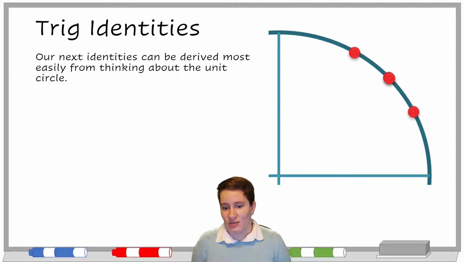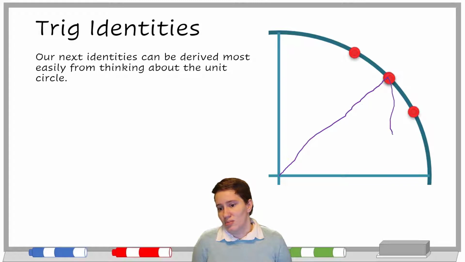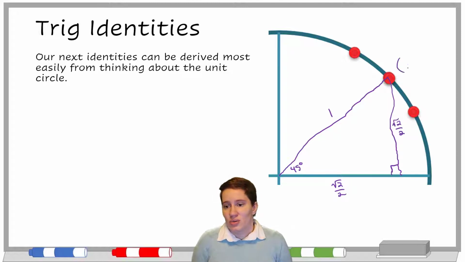but we have this idea that these angles that we're going out to here are going to be at points, right? And it's a unit circle, so we make the hypotenuse be 1 and then let that affect what our sides are. This is a 45-degree angle, so our sides end up being square root of 2 over 2 and square root of 2 over 2. So we label this point square root of 2 over 2, comma square root of 2 over 2.